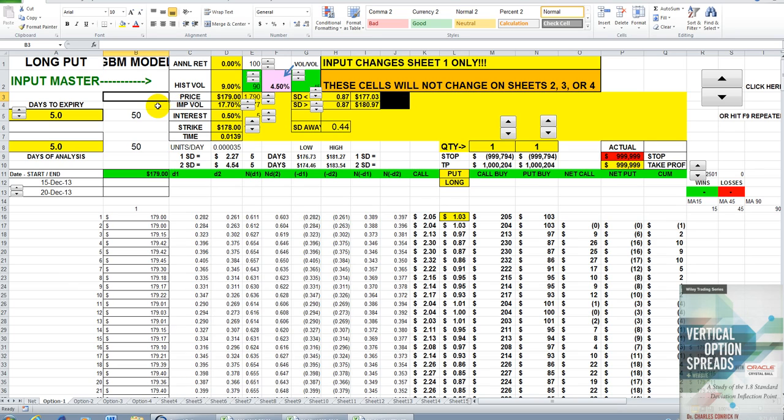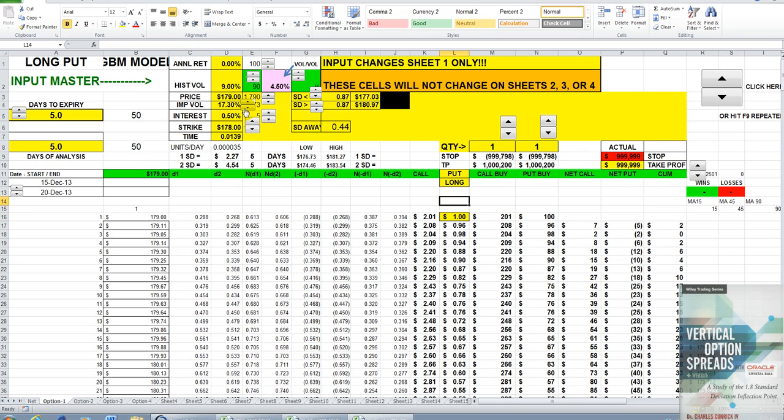Implied volatility is basically set by the market. So when we determine, I happen to be on the long put tab, but the same reasoning applies to all of our option trades. When I look at the price on a particular asset, let's say it's $1 on this long put, what we want to do is to adjust implied volatility until this price right here is actually what the market says this price should be, which is in this case $1.